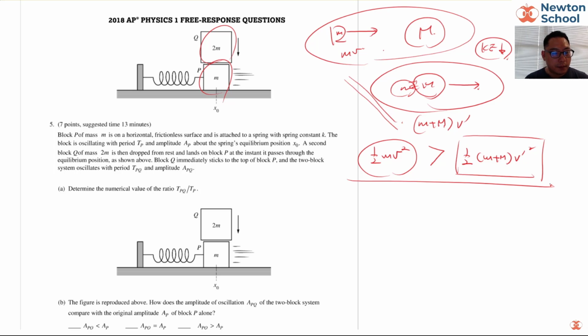Now what's happening? You have mass m, spring constant k, the block oscillating with period TP and amplitude AP. So we're dealing with the period and amplitude of this one body.